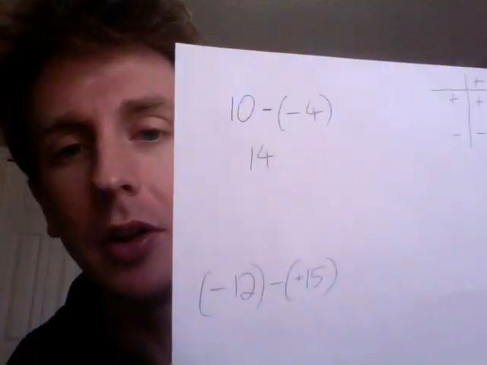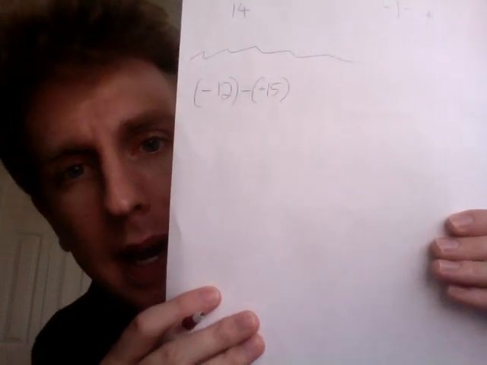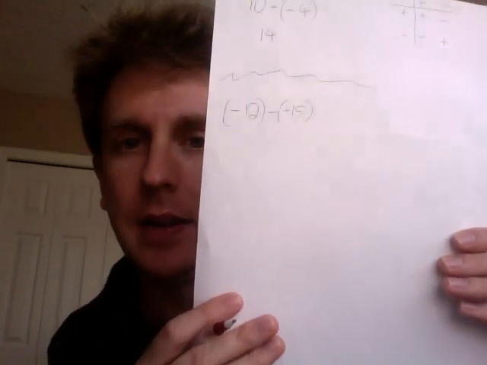Okay, so we're going to go -12 minus 15. And I'll even write in the plus 15 here. So I put them all nicely in brackets. I'll put a little squiggle so we cut off our previous question we had. So minus 12 minus positive 15.